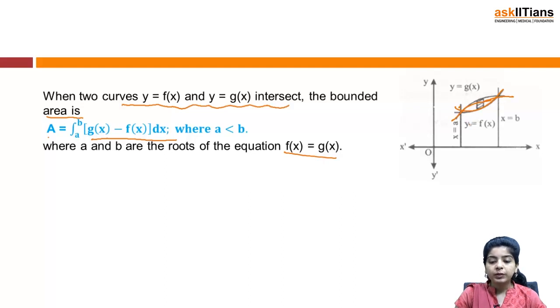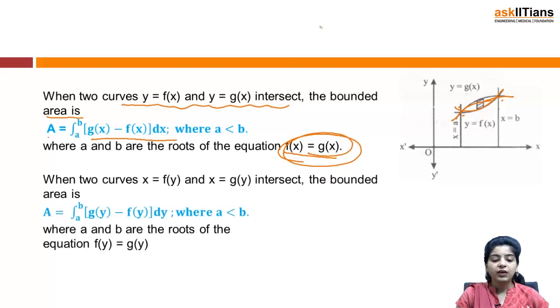Then this is a, this is b, a and b are roots of the equation f(x) equal to g(x). Then the area would be again the integral from a to b of g(x) minus f(x) dx, where a is less than b. These concepts would be much clearer once we switch to the examples, right?